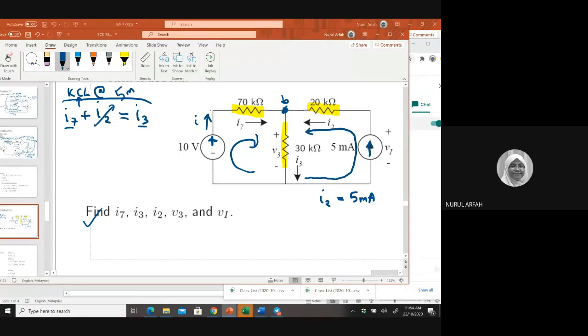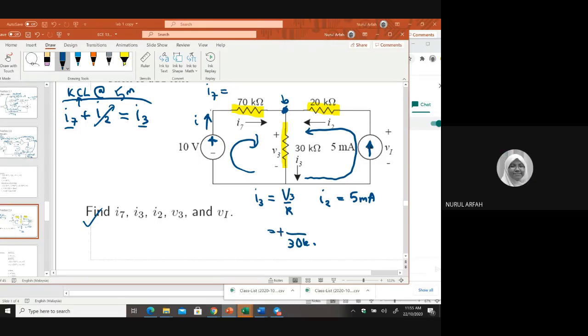What do you think I3 is equal to? And what do you think I7 is equal to? Or what basic law are you going to apply? Yes, Ohm's law. Okay, so with Ohm's law, I3 is V over R. Then what is that V? V3, right? And this one 30 kilo. Is it a positive or negative sign?